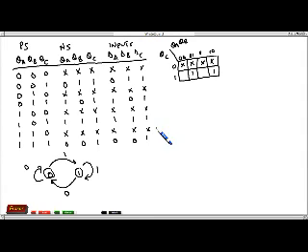Then we can do the groupings. So we can form a group out of these two and a group out of these two, and from which we can write our DA to be equal to QA bar QB for these ones, and then or these ones will give us QA QB bar.